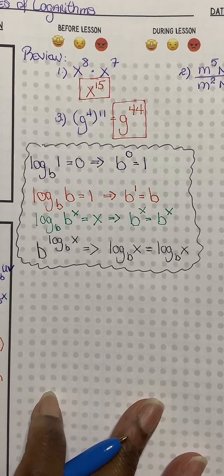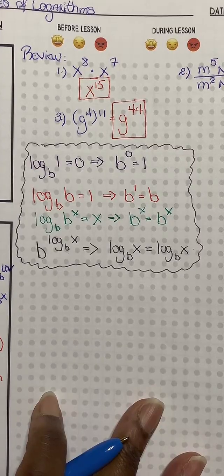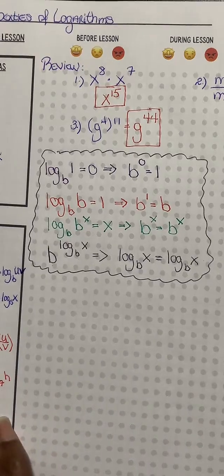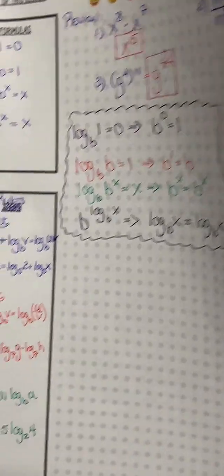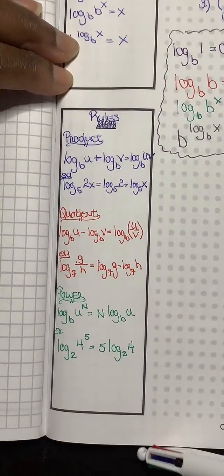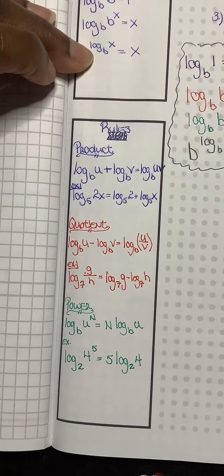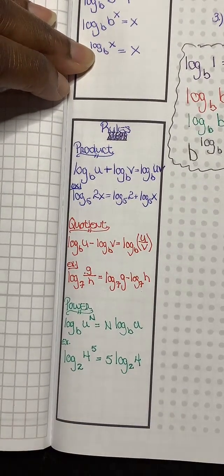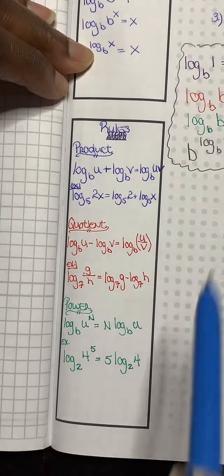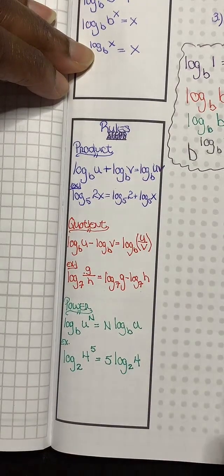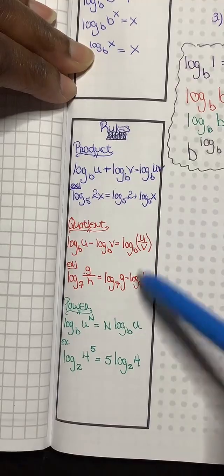Actually, let's get with the rules. So let me swing on over here. Again, want to take a screenshot? Take a screenshot. Okay, so we have those little bit of gems. But then we have the rules.